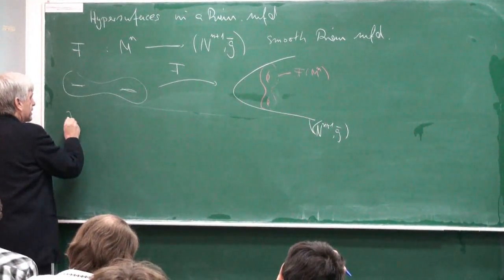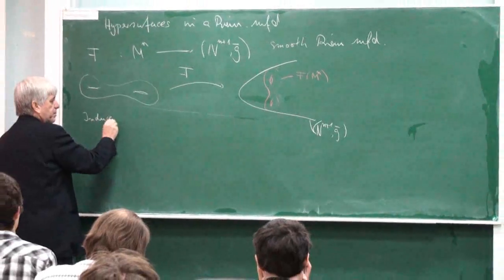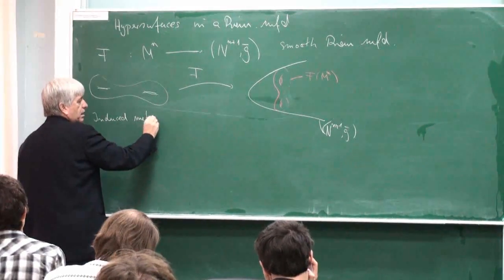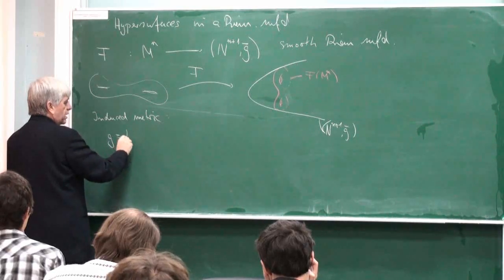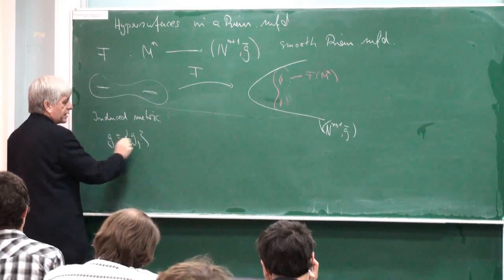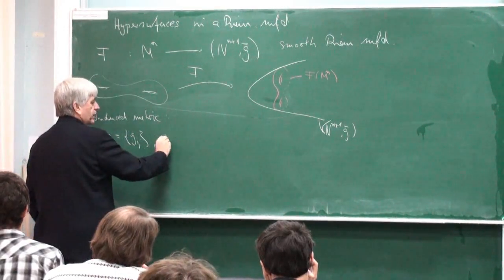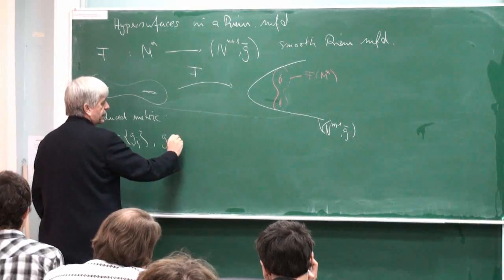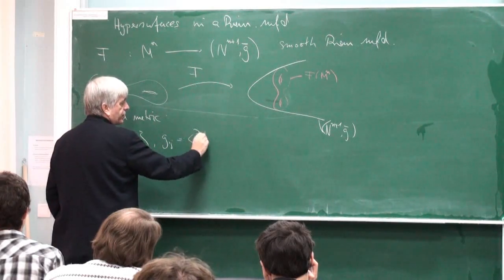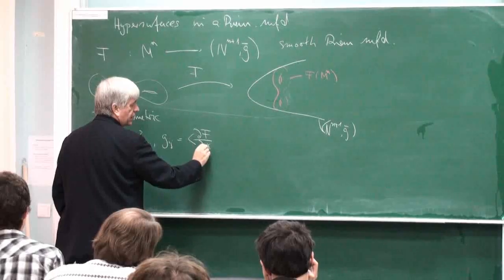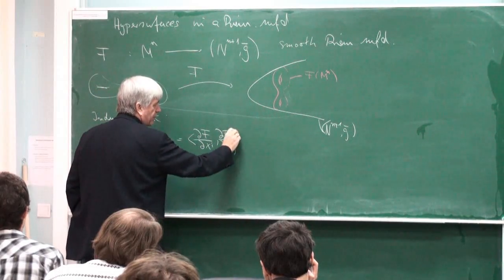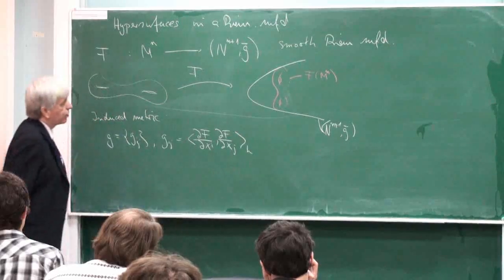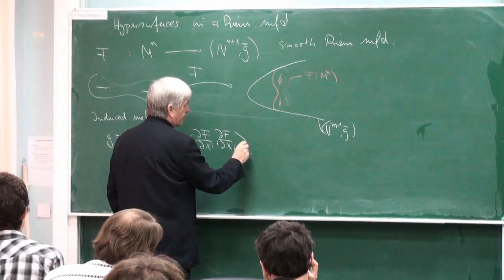And the important thing there is the induced metric. This metric G will have components G_ij, and you can compute them from the tangent vectors, which are given by the first derivatives of the map F, taking the inner product with the metric G bar.